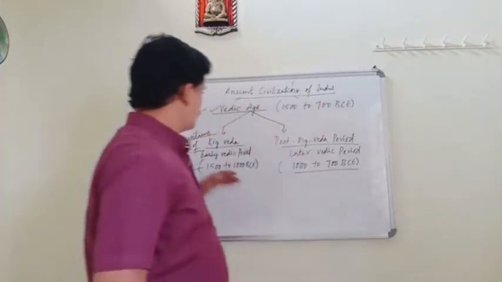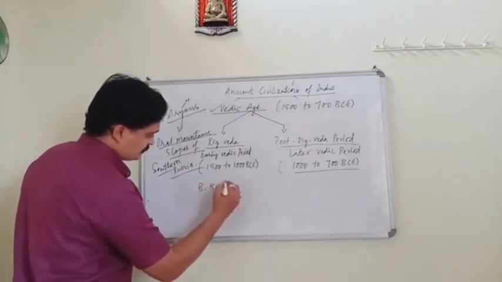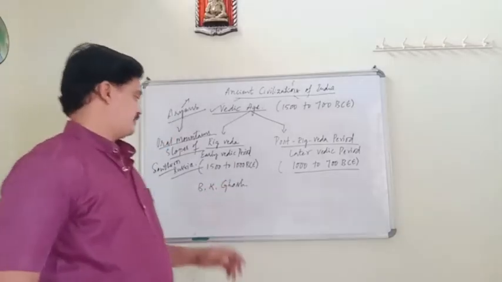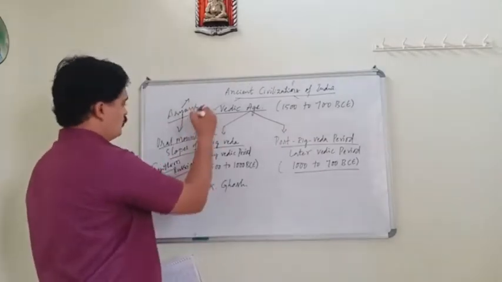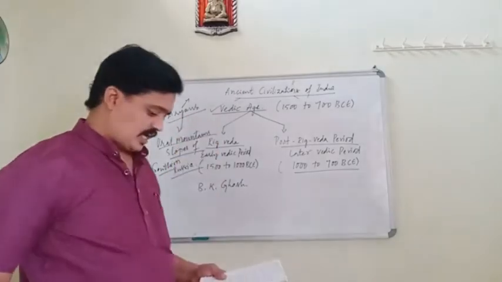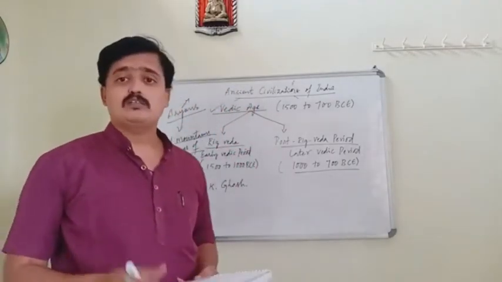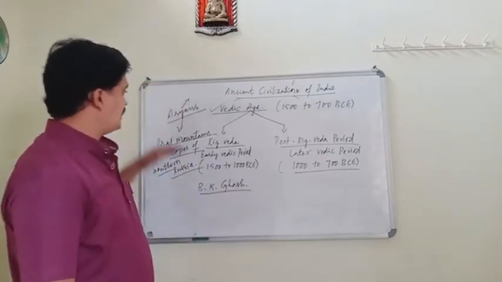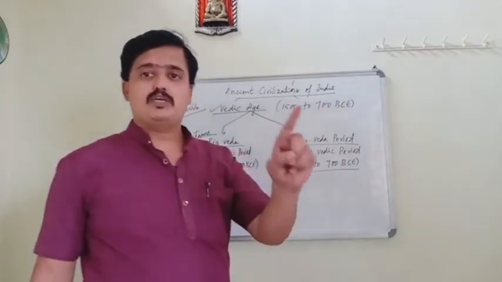According to B.K. Ghosh, these Aryans who came from the Ural mountain slopes of southern Russia were leading their life based on the Vedas.